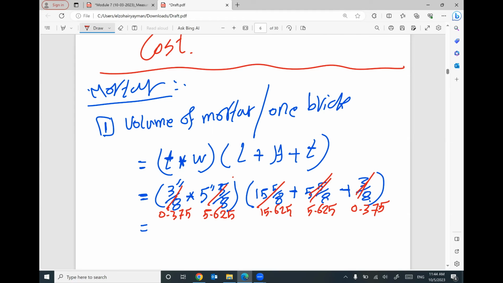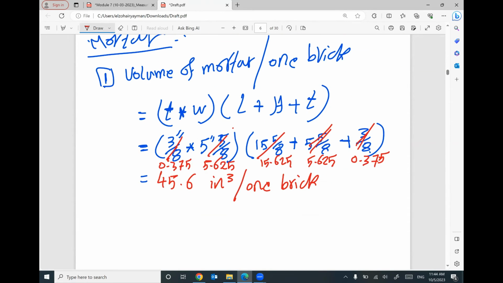I got 5.625. I got here 45.6 cubic inch. This is the amount of mortar required to construct one brick. I do recommend converting this number to cubic feet.